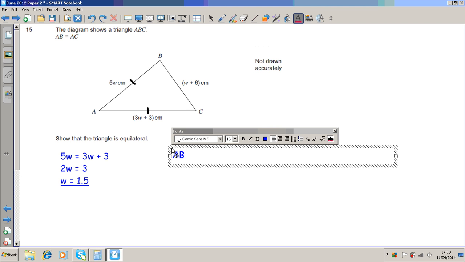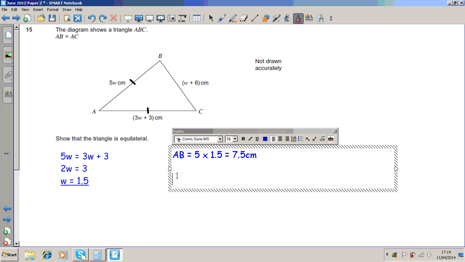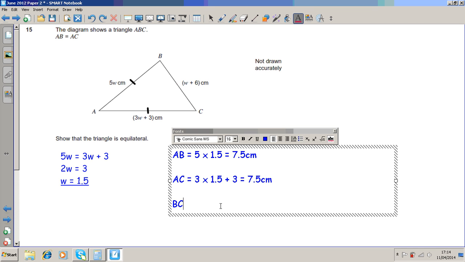AB equals 5 times 1.5, which is 7.5 centimetres. AC equals 3 times 1.5 plus 3. 3 times 1.5 is 4.5, add 3 is 7.5 centimetres. You can see how this is going.